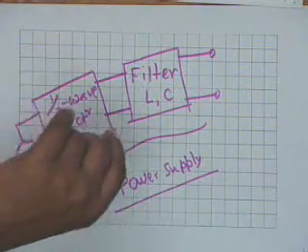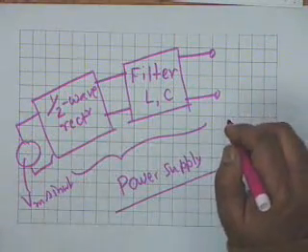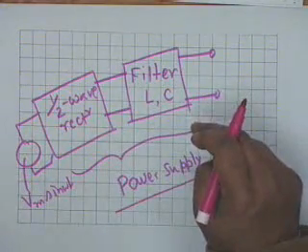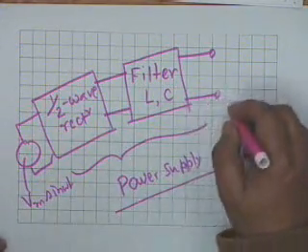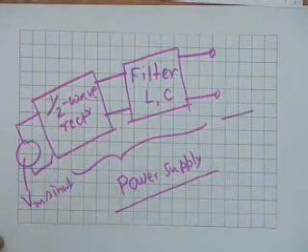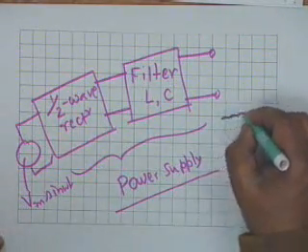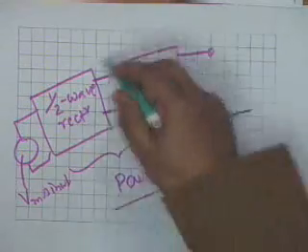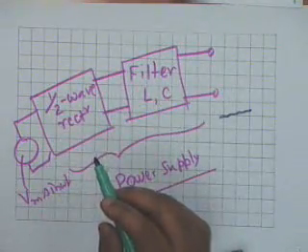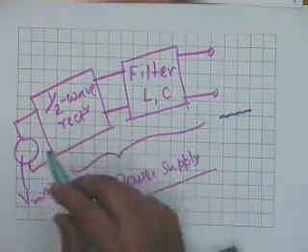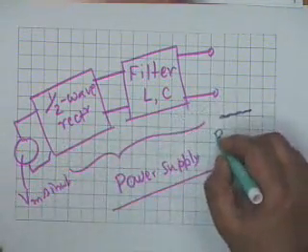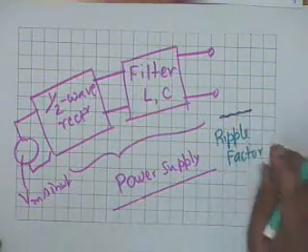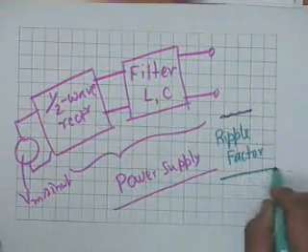The output of this hopefully would be a pure DC, but pure DC from such a combination is also an approximation. You shall always get a DC along with maybe a very small ripple. It could be, let us say, 0.01% ripple, alright. So, the efficiency of such a device is characterized or measured or specified in terms of what is known as a ripple factor, which relates the amplitude of the ripple to that of the DC.